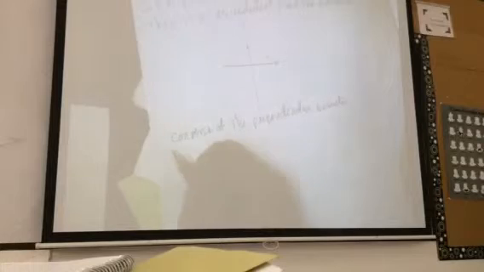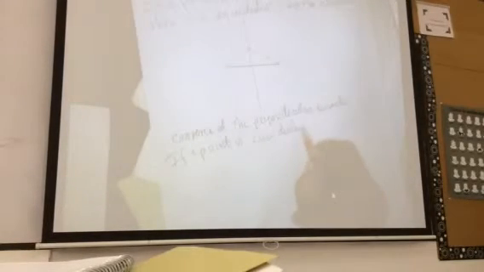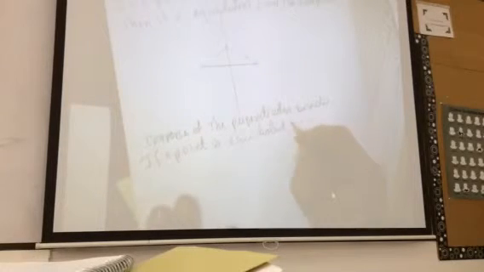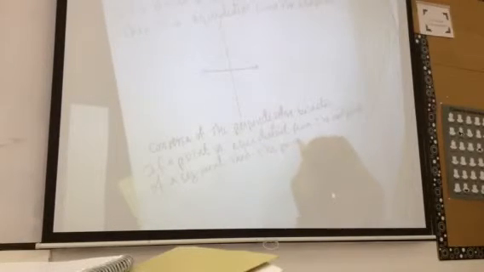If a point is equidistant from the endpoints of a segment, then the point lies on the perpendicular bisector of the segment. Very good.